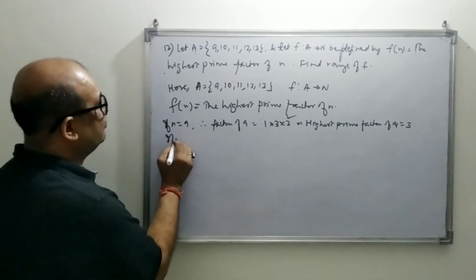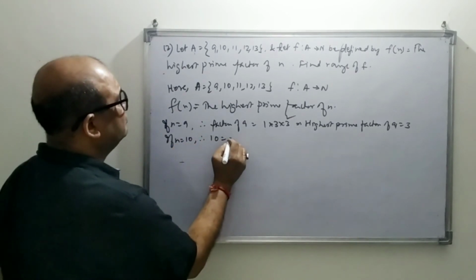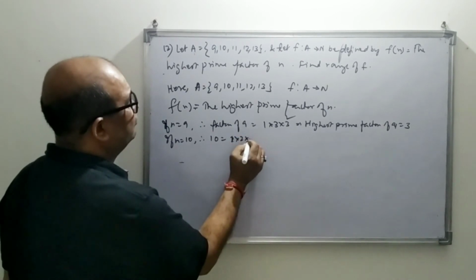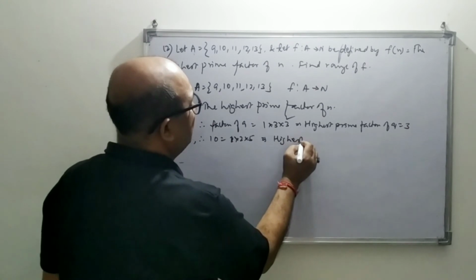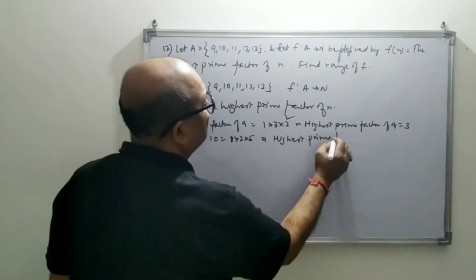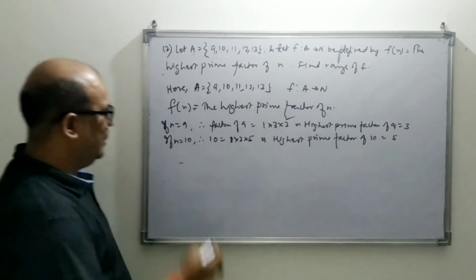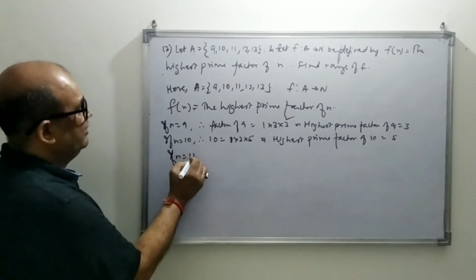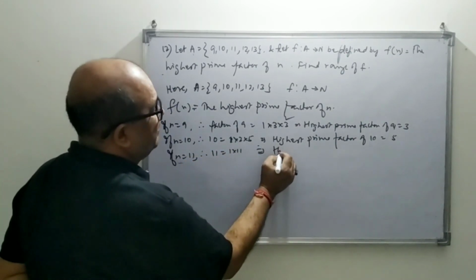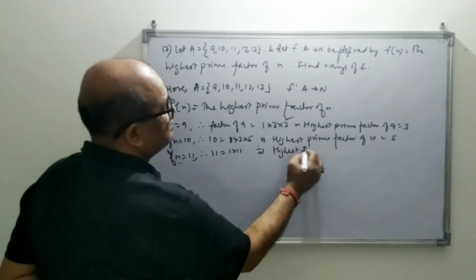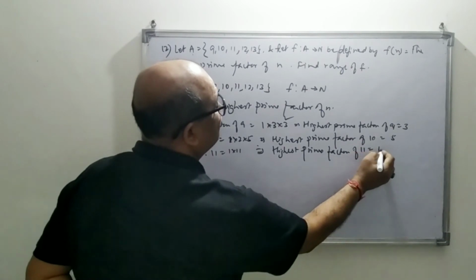Now if n equal to 10, therefore 10 equal to 1 into 2 into 5. That means the highest prime factor of 10 equal to 5. Now if n equal to 11, therefore 11 equal to 1 into 11. That means the highest prime factor of 11 equal to 11.